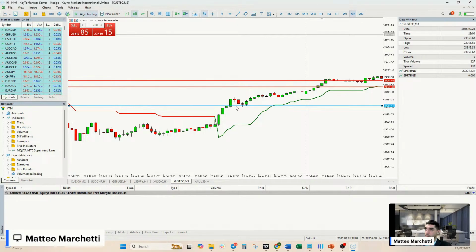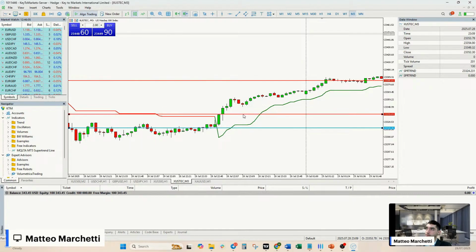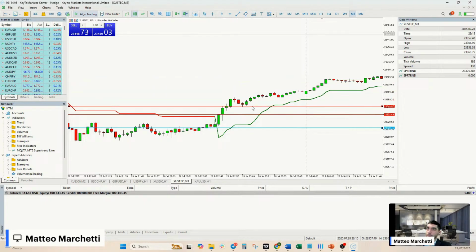Here, you see we have the bar that closed above the super trend. So we have our buy signal exactly here. Okay, 3.8, and then we have 9.